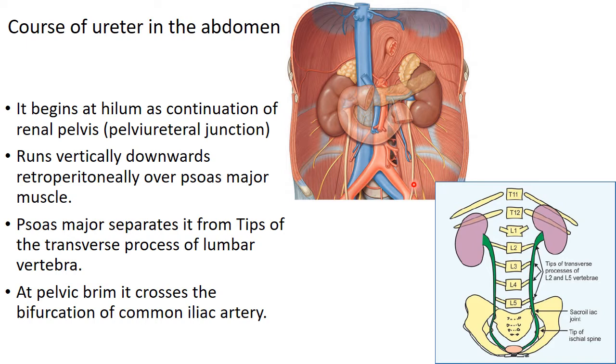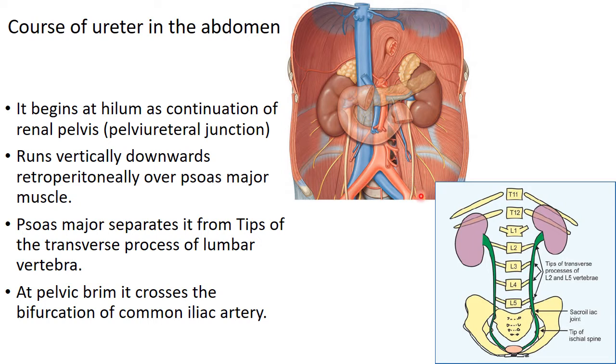Psoas major muscle separates the ureter from the tips of the transverse processes of the lumbar vertebrae. So what lies between the tip of the transverse process of the lumbar vertebra and the ureter is the psoas major muscle.